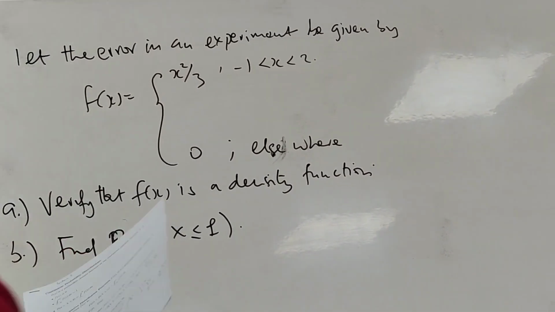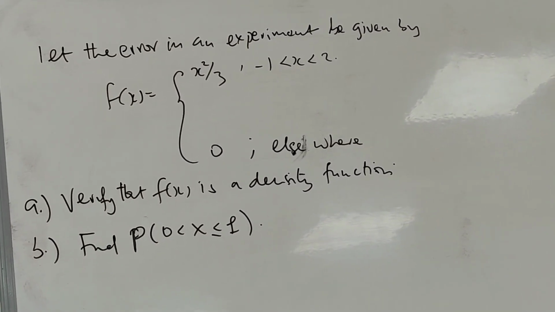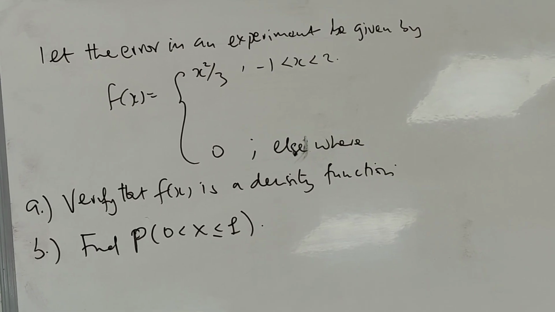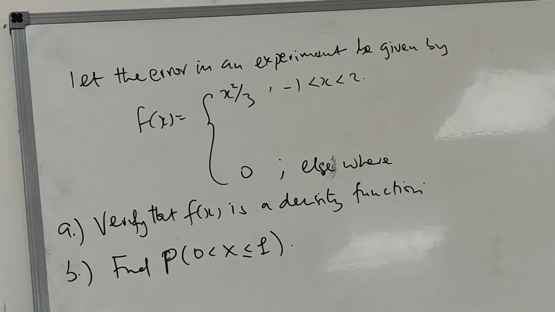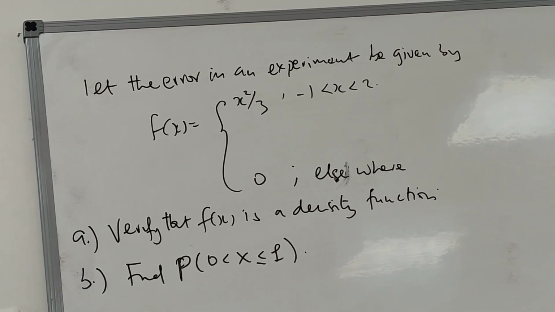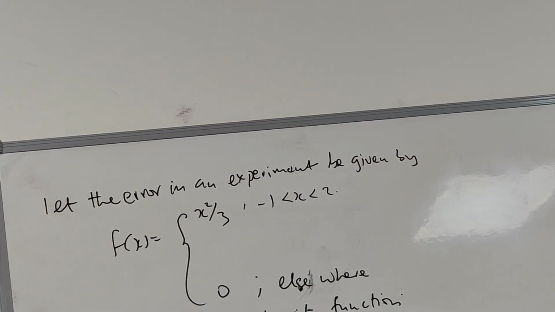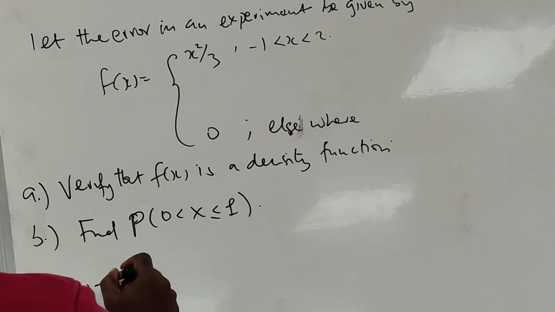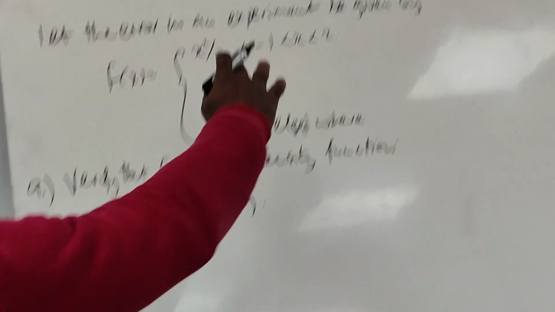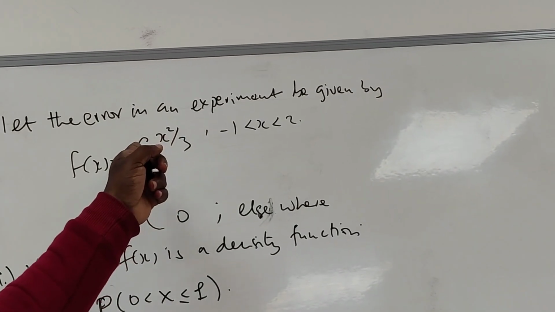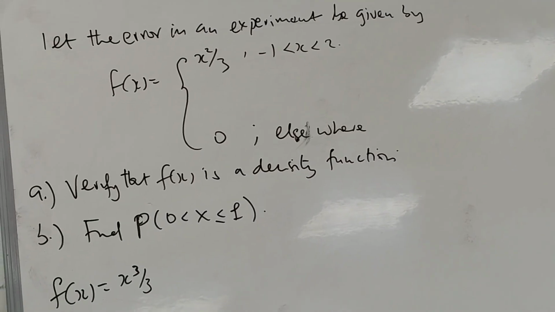Now we are to verify whether this is a density function. You will agree with me that over this interval, f of x is equal to x squared over 3, isn't it? Is this greater than 0 or not greater than 0?